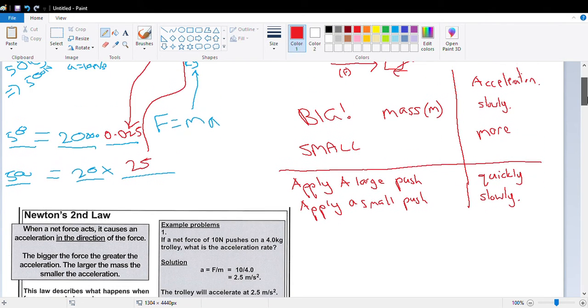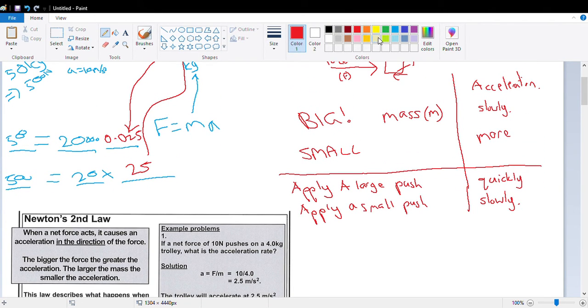If we apply this to how hard you push the object, the same thing applies. If I push very hard, 500 newtons, and I'm pushing that same 20 kilo trolley, it's going to accelerate at a rate of 30 meters per second. But if I only give it a small push, I'm not pushing as hard.